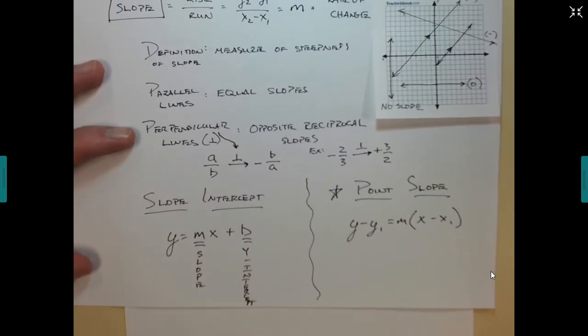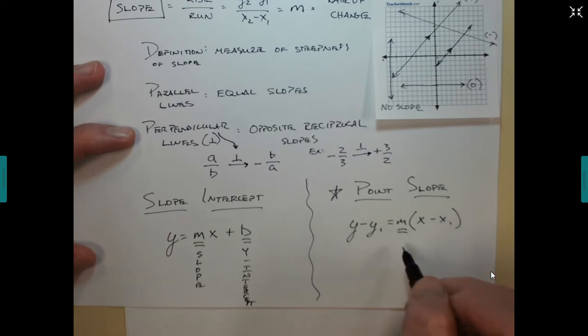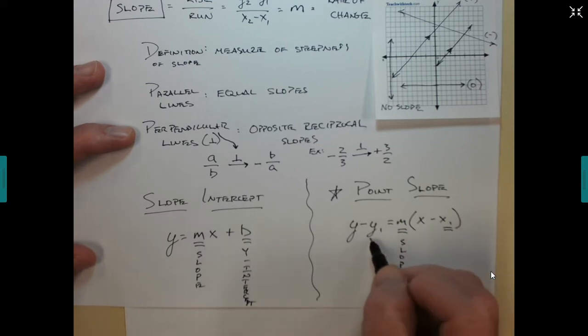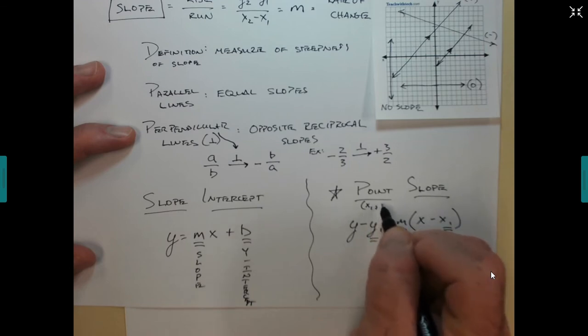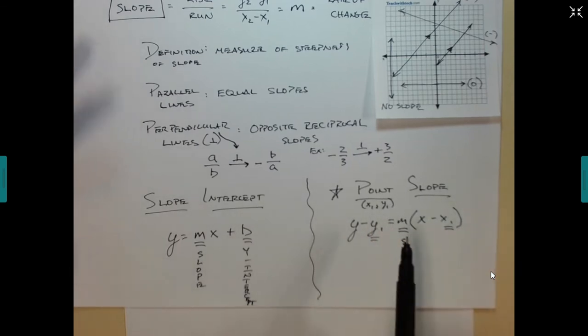With point slope, I'm not going to be able to avoid trying to find slope. No matter what, I got to find slope. But the other thing I want to find is a point, x1, y1. But with point slope, any point works.